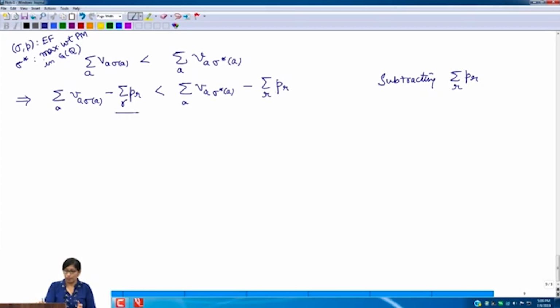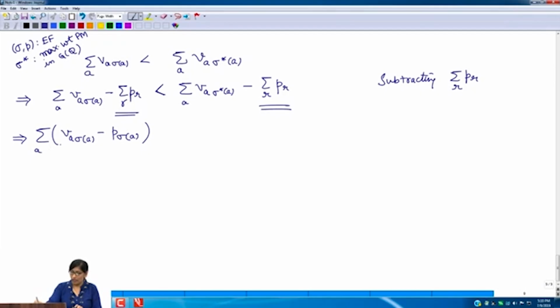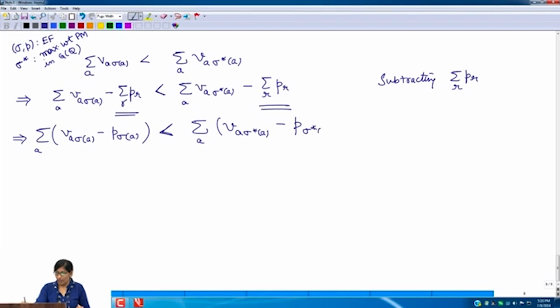I've subtracted this quantity from both sides, strict inequality prevails, and I do the same trick again. I regroup the terms, this goes with this, and again strict inequality, and regrouping the terms, therefore sigma star A has price P sigma star A.